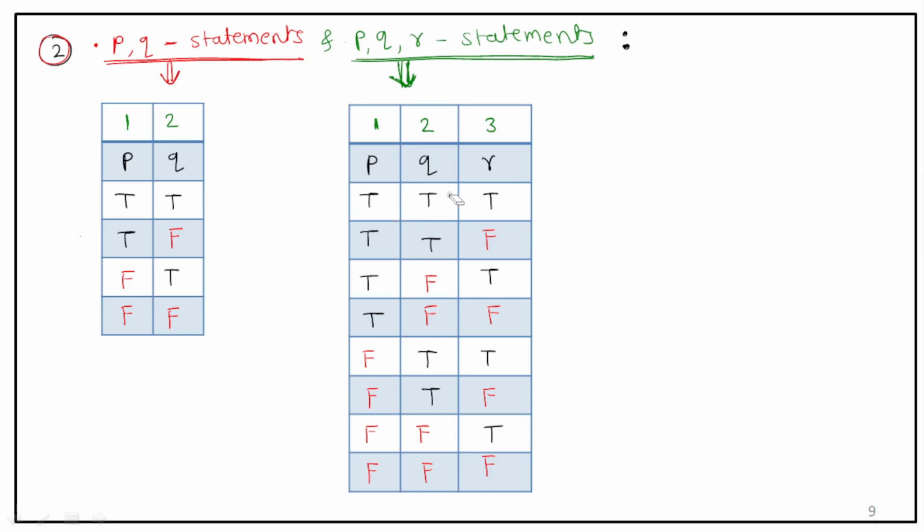For Q, 2 times true, 2 times false, 2 times true, 2 times false. And for R, alternate true false true false true false true false. Okay, now this is also an important one.